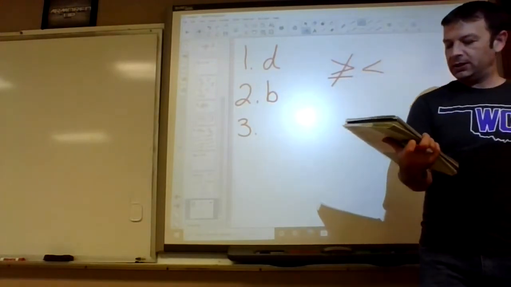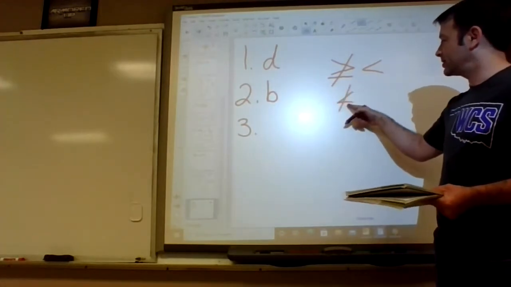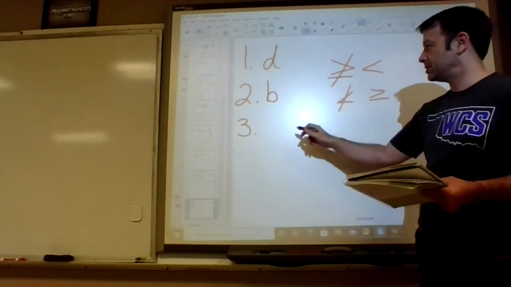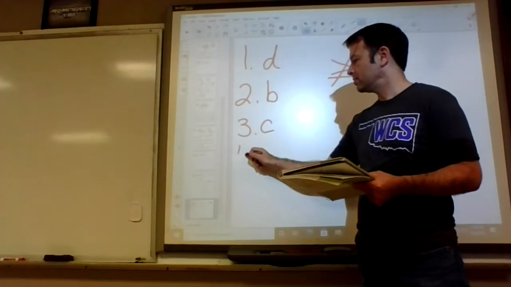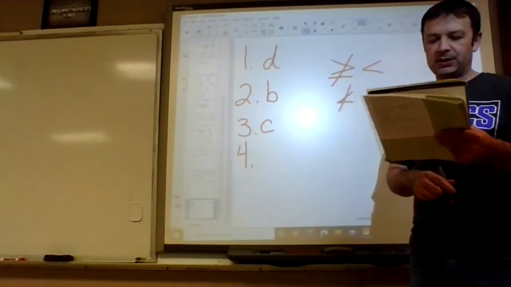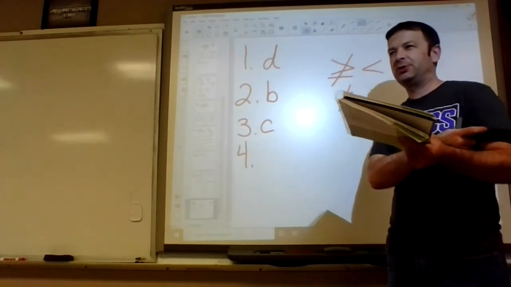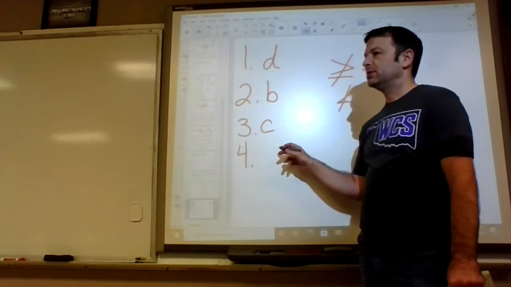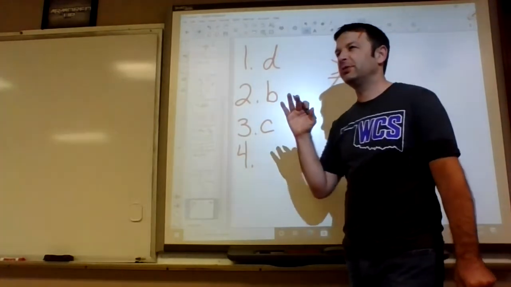Number 3 is "not less than." So what's the opposite of less than? Greater than or equal to. Which is C. Number 4 is "at least." What did that mean? Susan is at least 12. So what does that mean? Don't give me letters, give me the words.